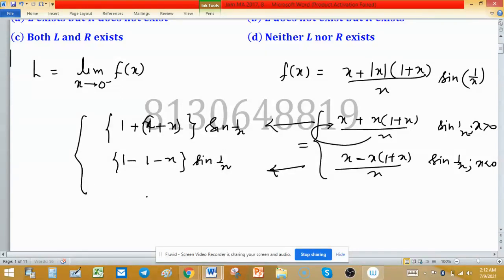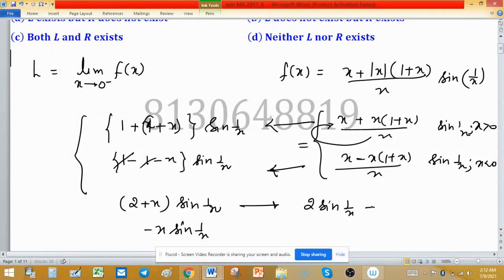So we have (2 plus x) sine 1 upon x, and for the other, the 1s cancel out, so minus x sine 1 upon x. On further simplifying, I can write 2 sine 1 upon x plus x sine 1 upon x, and for this I can write simply x sine 1 upon x. So the first is defined for positive values, and this is for negative values.